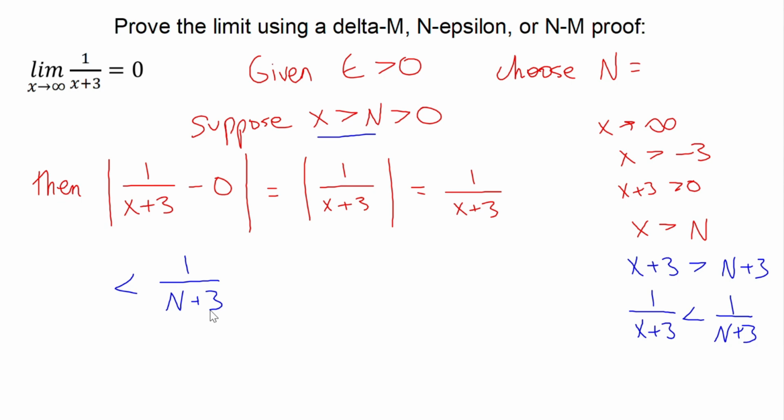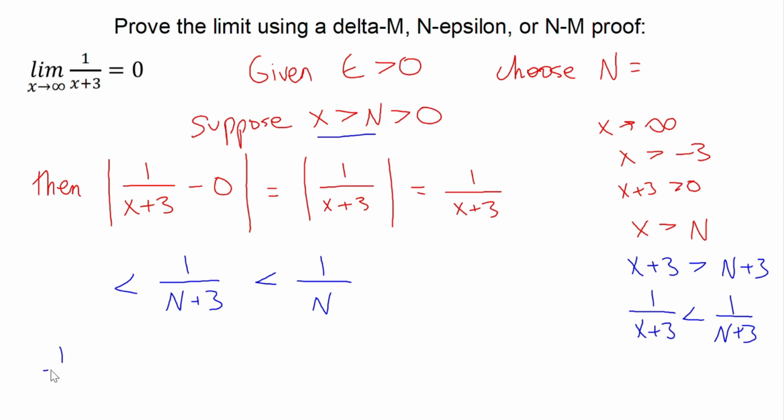So I think it's nicer to just clean this up a little bit. I can say this is less than 1 over n, because if I have a larger denominator over here, that's going to yield a smaller thing, right? So a larger denominator like n plus 3, if I take 1 and divide it by that thing, it should be less than 1 divided by a smaller thing, right? So 1 over n plus 3 should be less than 1 over n, and then we can just rewrite this.